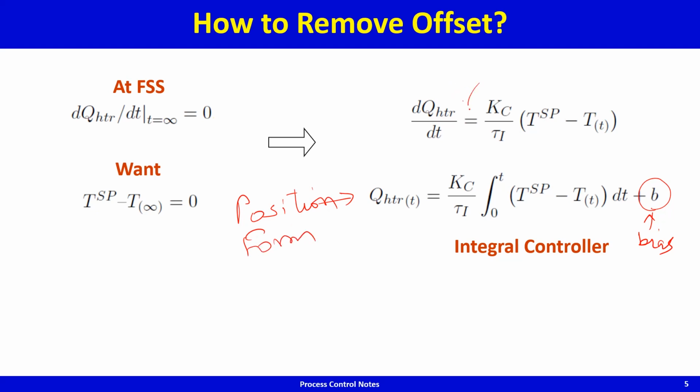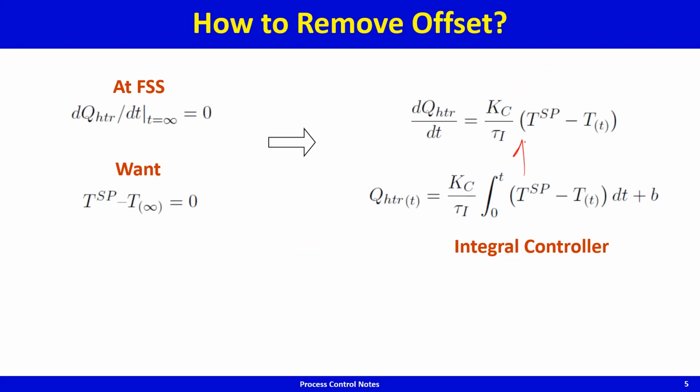This is called the velocity form of the control algorithm. But both equations are the same control algorithm, the integral controller. Now if you differentiate the position form, you get the velocity form.